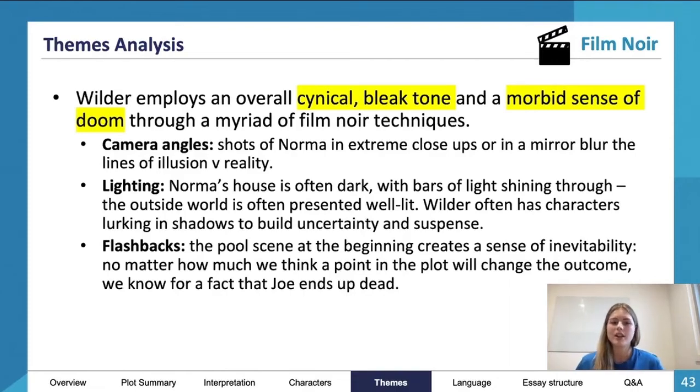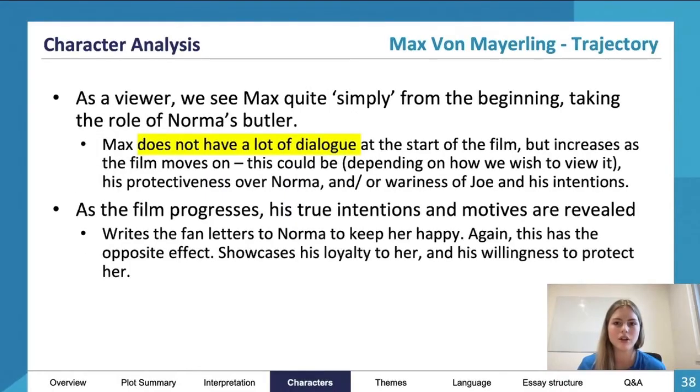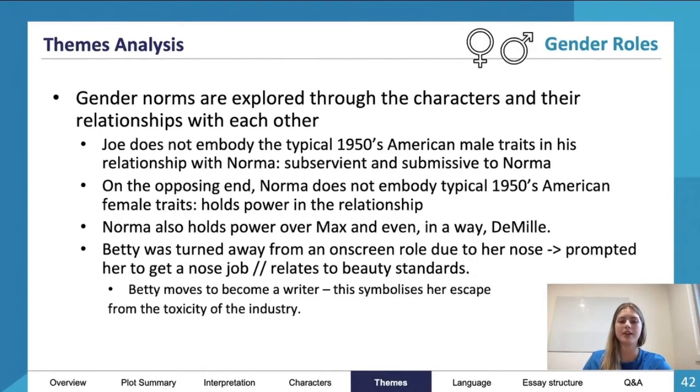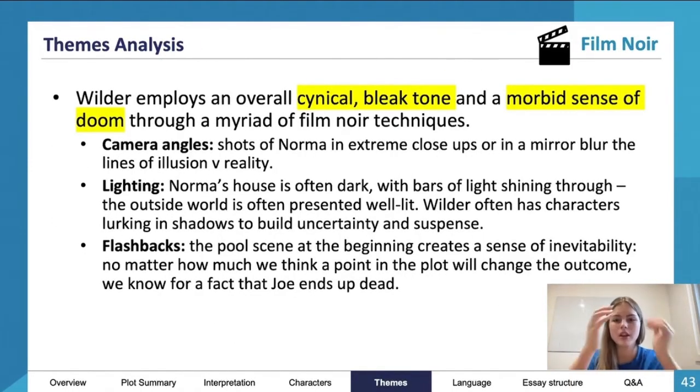And Wilder often has characters lurking in the shadows to build uncertainty and suspense. So if we go back to this picture of Max lurking in the shadows, we can see how he plays with lighting and height and how close people are to the camera as well, to show those values.